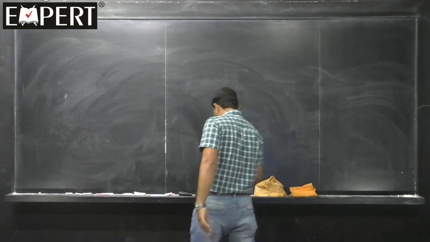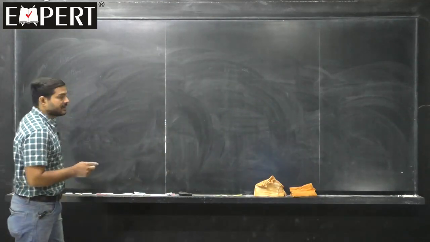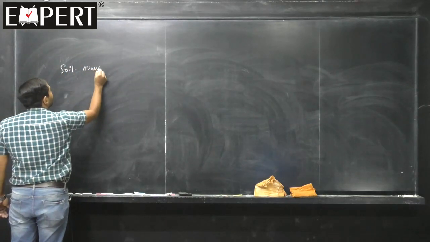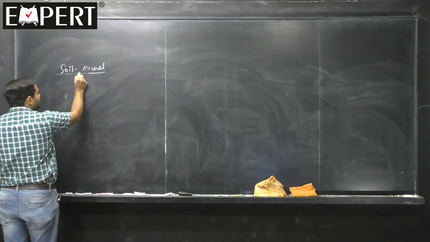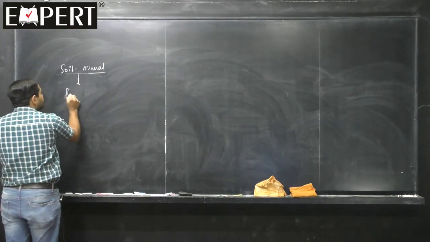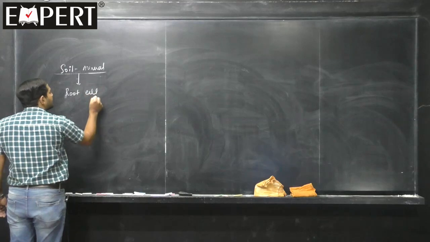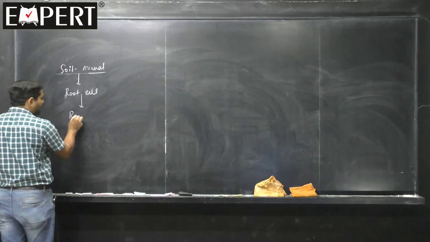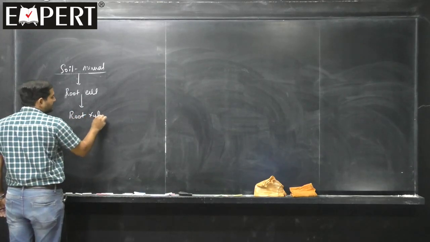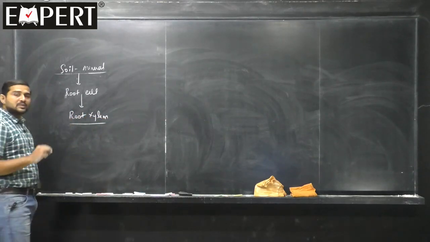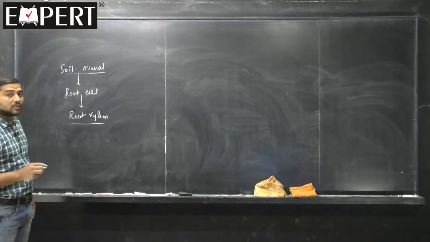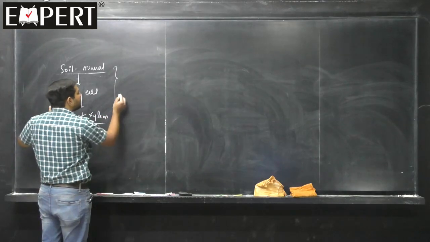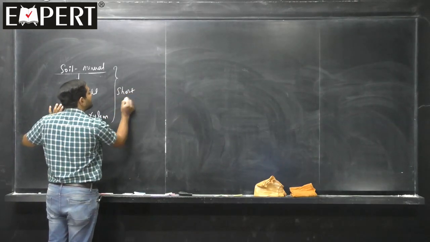And what is that? Okay, soil has mineral. From the soil, it has come to the root cell. From the root cell, it has come to the root xylem now. After root xylem, how is it moved? From the soil to root cell, it occurs by short distance movement.